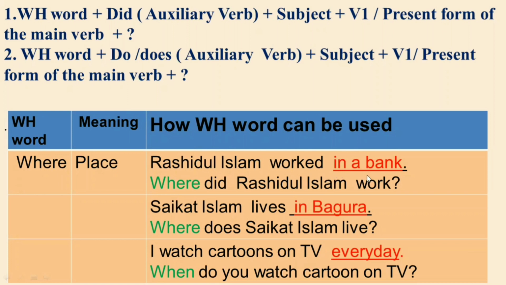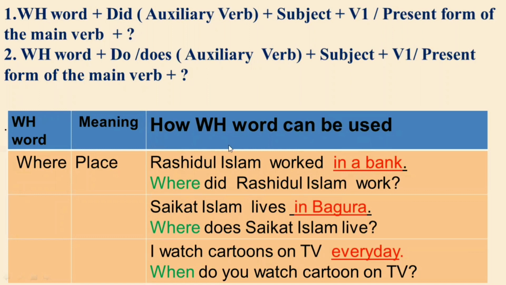So my dear student, again I'm telling you, at first you have to look at the underlined word. In a bank indicates the place. So right here the WH word is where.